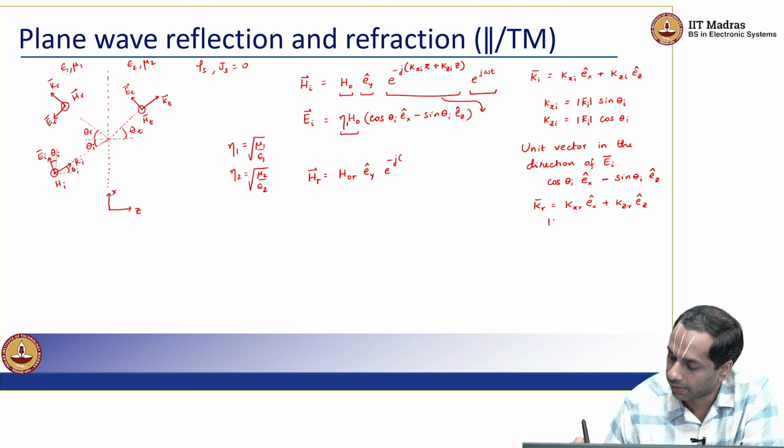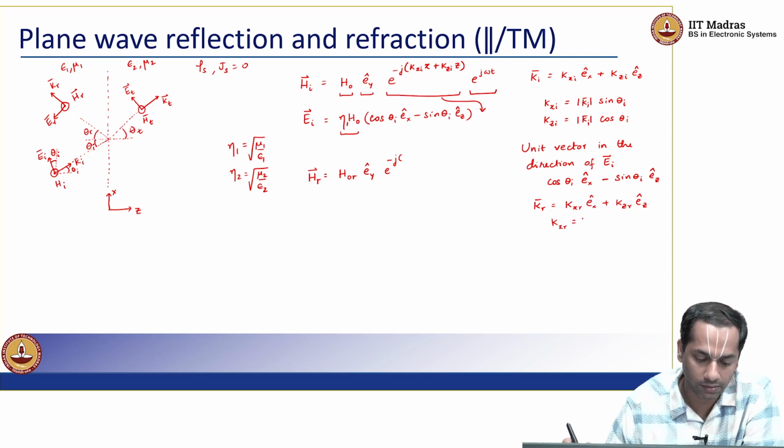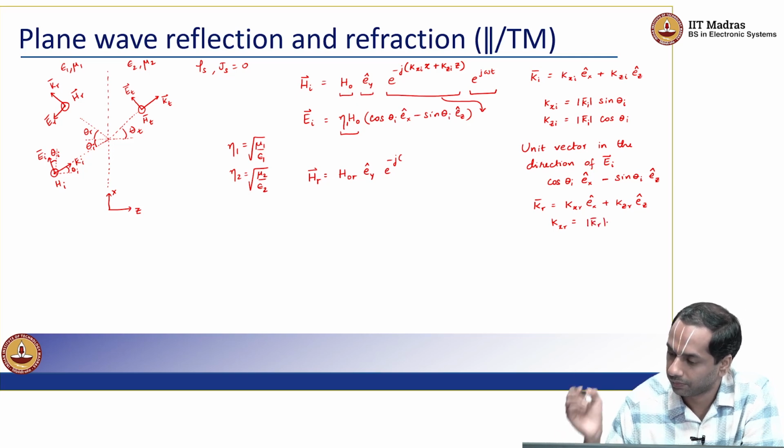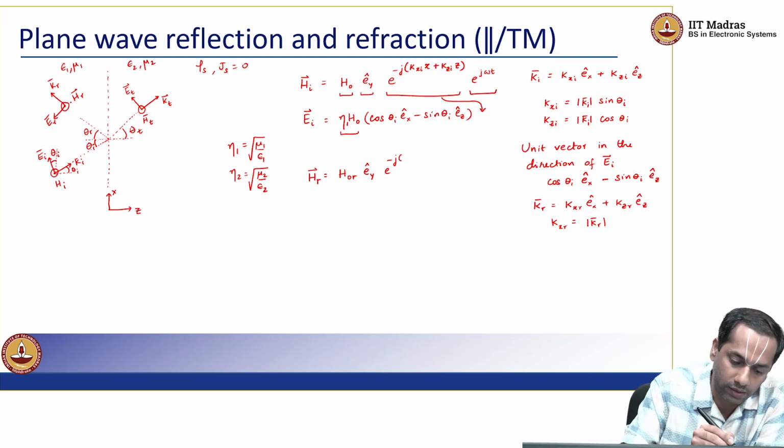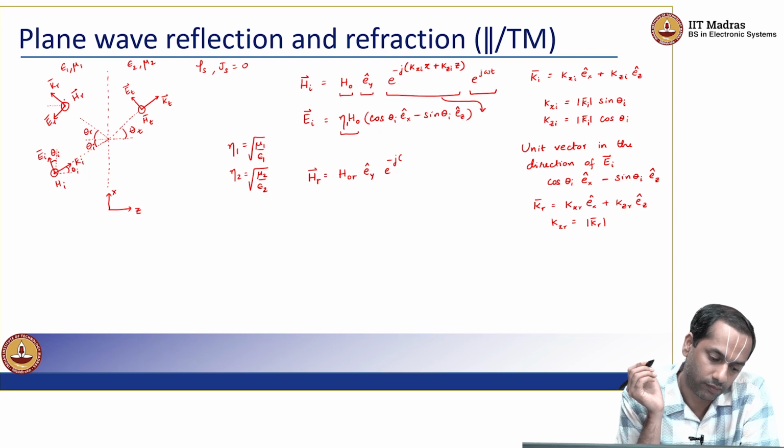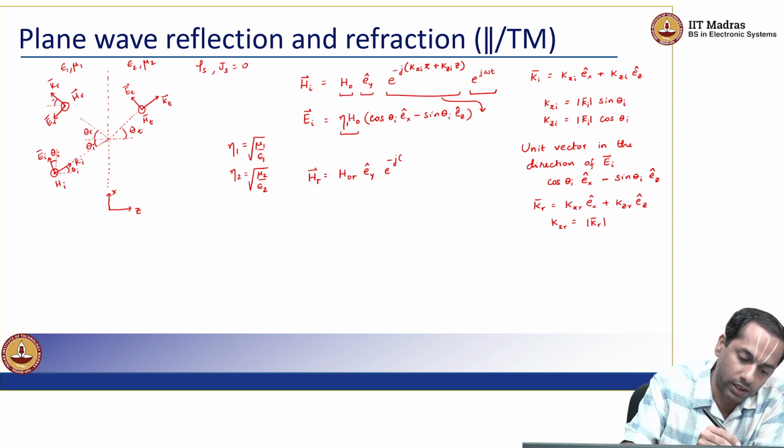Okay, but k_xR is essentially still oriented up, right. So, modulus of k_R, and now let us look at the angles. Okay, so this is theta r. Similarly this angle is theta r.